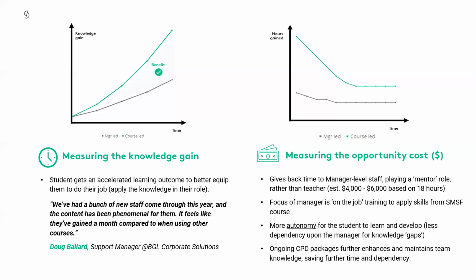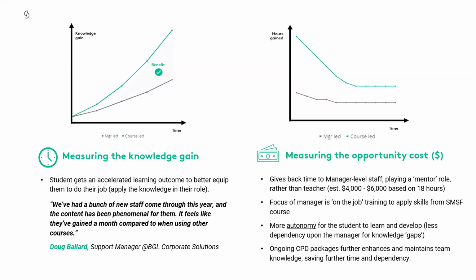So we've seen this applied within DGL, who's a client of ours, with their support staff. And then the other side of the ledger comes back to the management. This, in our calculations, is giving back time to the manager level staff who move from being the educator to the mentor, and saving around $4,000 to $6,000 based upon that SMSF Essentials course.